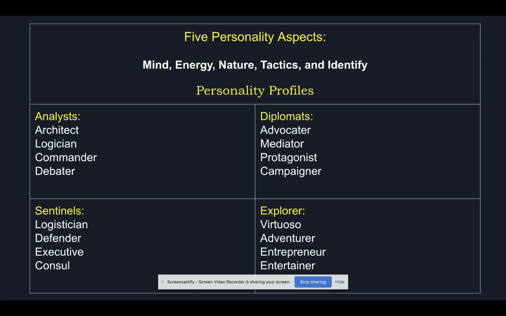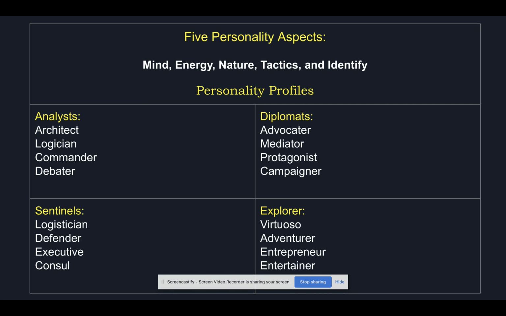Judging is decisive and highly organized. Prospecting is flexible and nonconformist. They tend to see opportunities and can improvise. So under tactics, I just want to make sure this is clear: it's either judging or prospecting.